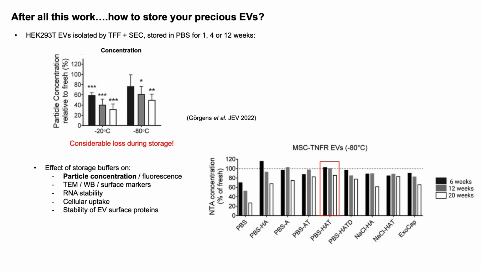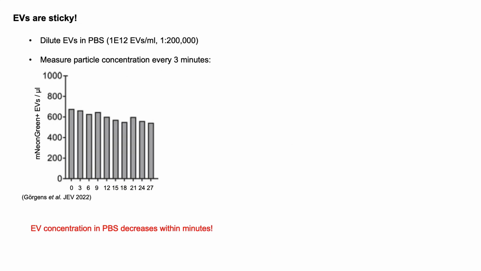And he described a buffer named PBS-HAT that prevented EV losses. So this is PBS with HEPES, albumin and trehalose. You can make this as a 10 times concentrated buffer which you add to your EVs after isolation. So I would definitely recommend reading this paper.